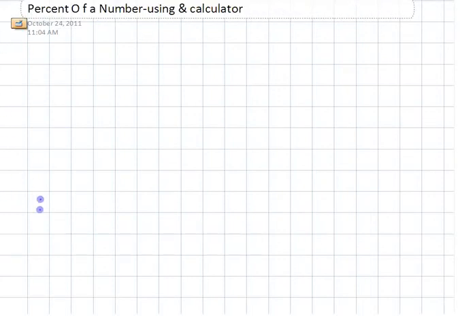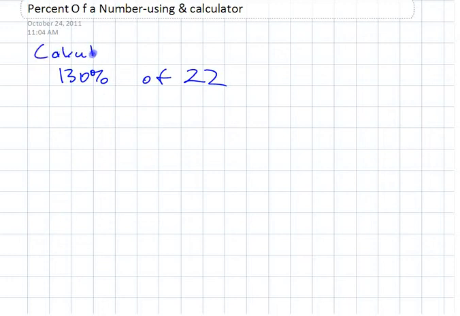It's close enough to being right. If you want to do things like 130% of 22, that's one of the questions from the warm-up. We did it mentally in the warm-up, but if you want to work this out using a calculator, here's what you need to do.